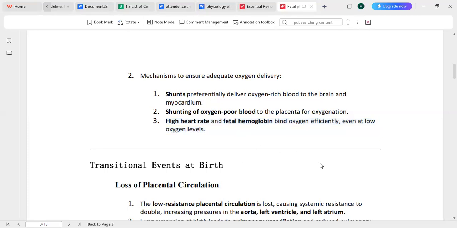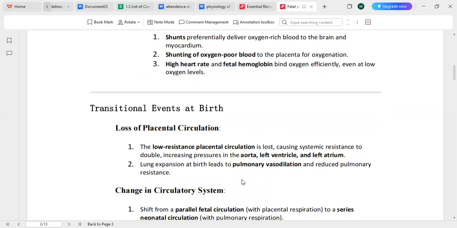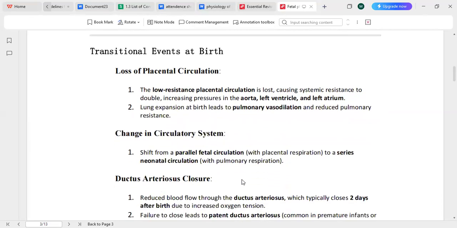So what we are shunting here is blood escaping from the liver and lungs. Okay, so the fetal circulation is all about escaping the oxygenated blood from liver and lungs. This is the important point.